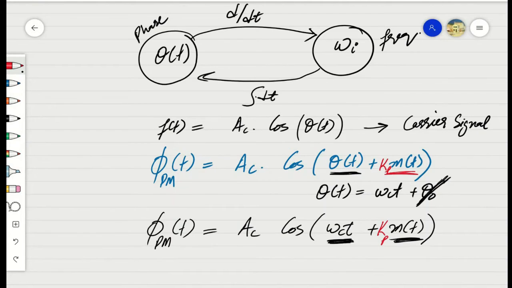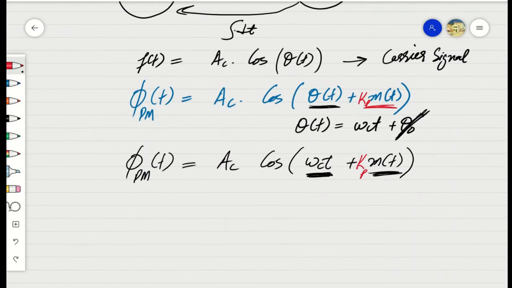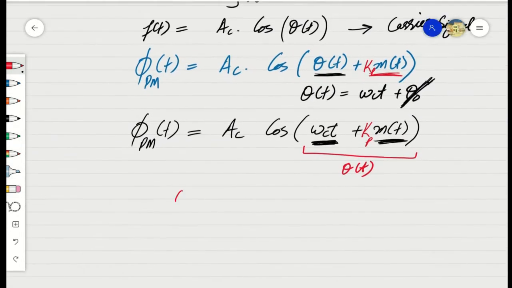So if we see the instantaneous frequency of this phase modulated signal, where this part represents the instantaneous phase of the modulated signal, the expression for the instantaneous theta of t is the running phase, that is omega c t, plus the phase shift introduced by the information signal.